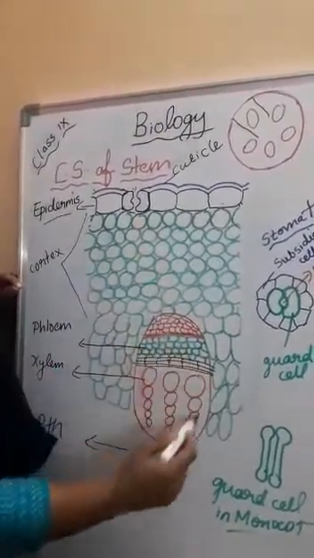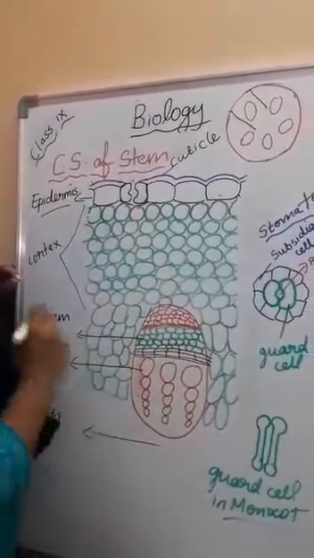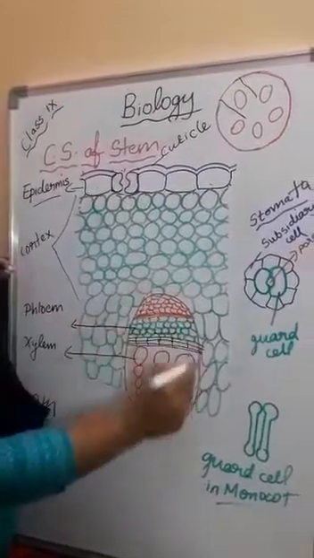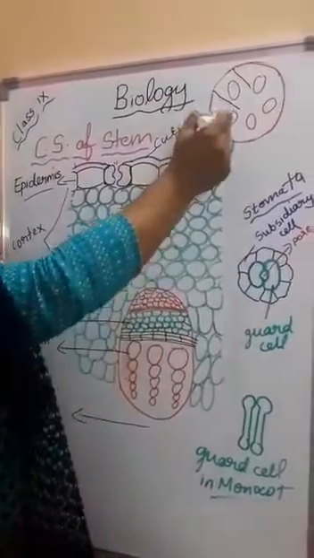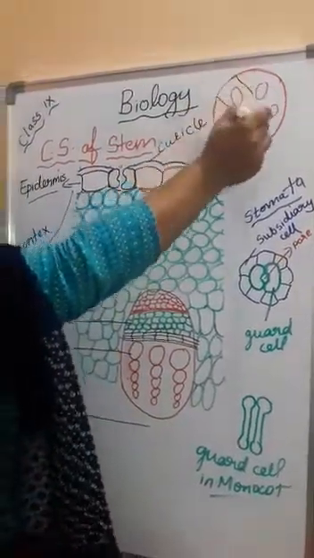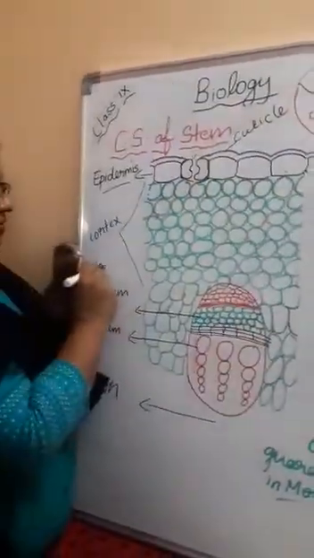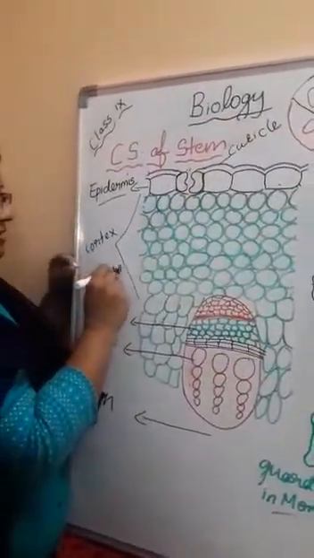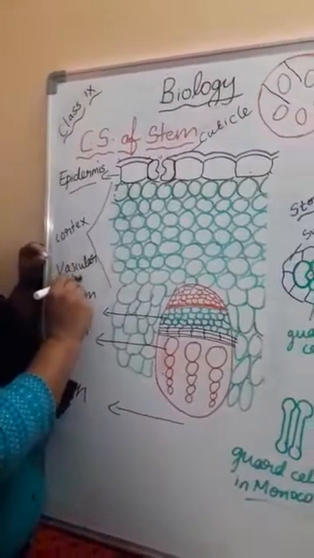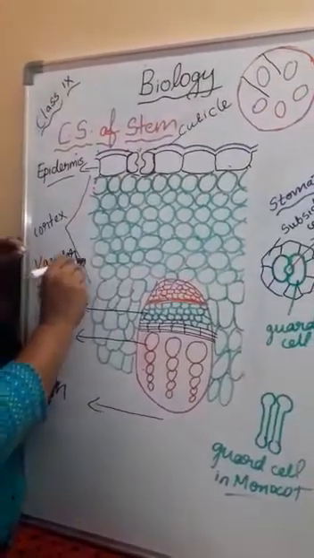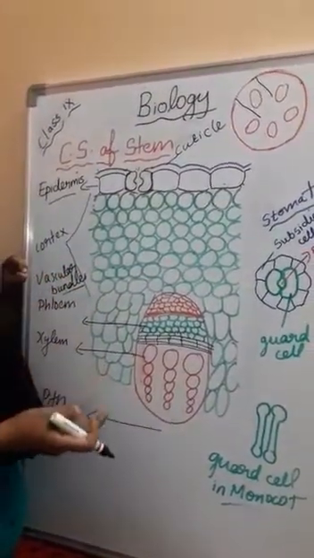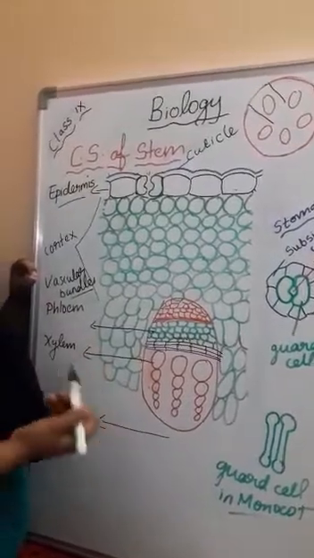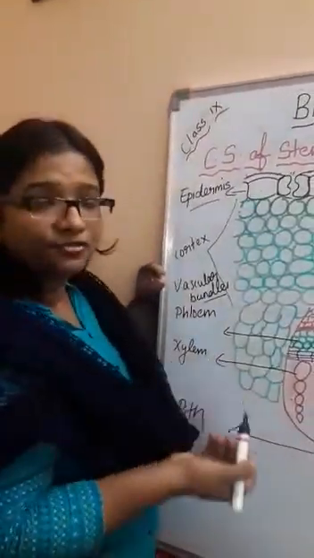Then just inner to the cortex, you can see the vascular bundle. You can see many bundles here, and what are they? Vascular bundles. And why do we call them vascular bundles? Because they are meant for vasculature. Vasculature means the transport of water, minerals and food.